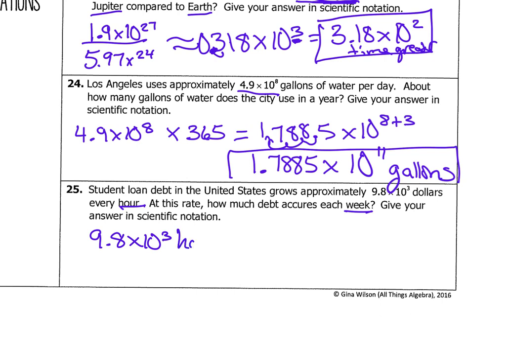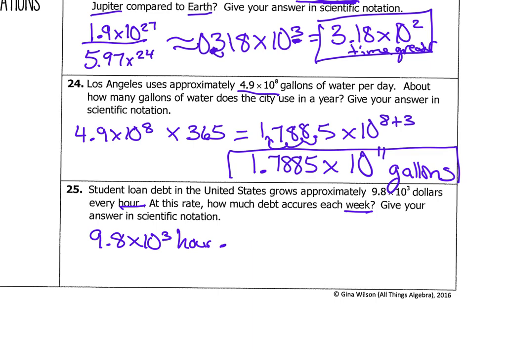This is hours. How do I get to days? 1 day is how many hours? 24. So we have to go times 24.